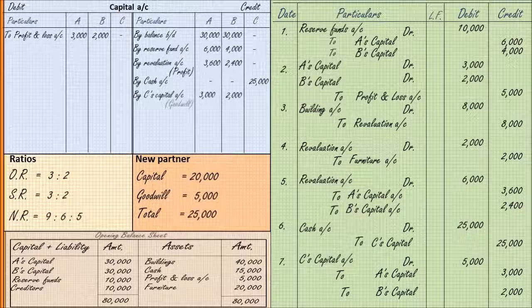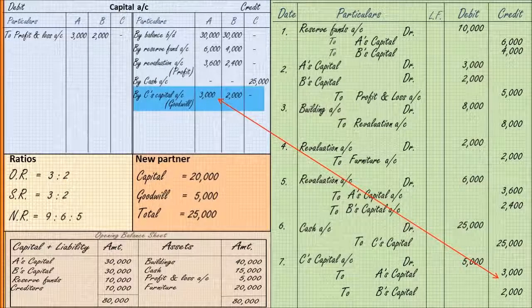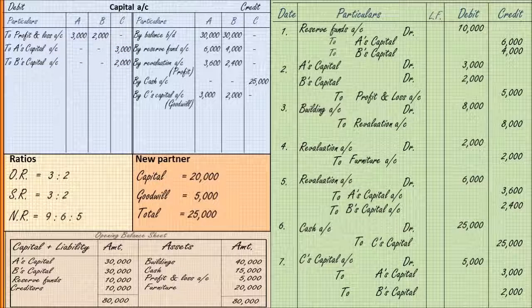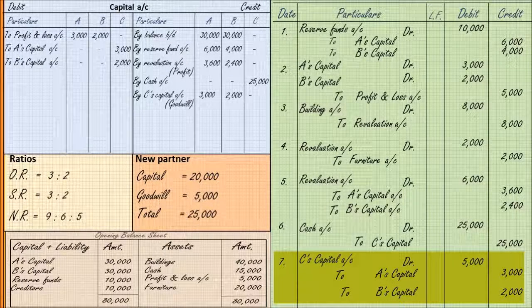Then the 5,000 were transferred to A and B. So on the credit side, by C's capital, in the inner column, please write down goodwill, 3,000 and 2,000 for A and B. Because C has been debited by rupees 5,000, we'll write down on the debit side to A's capital, to B's capital for goodwill, 3,000 and 2,000 rupees in the column of C. Then this money was withdrawn by the old partners, drawings.